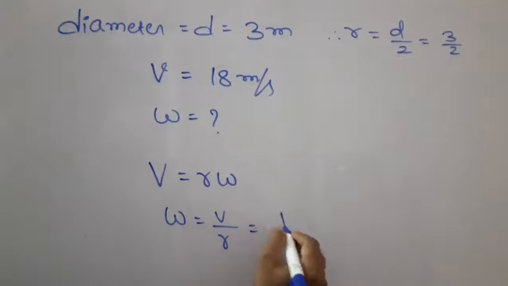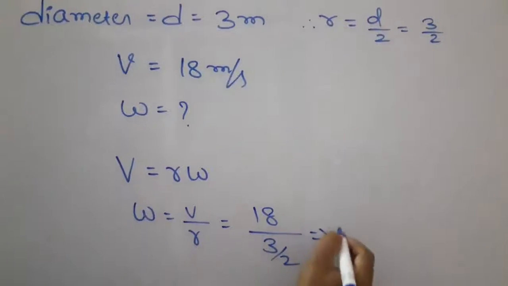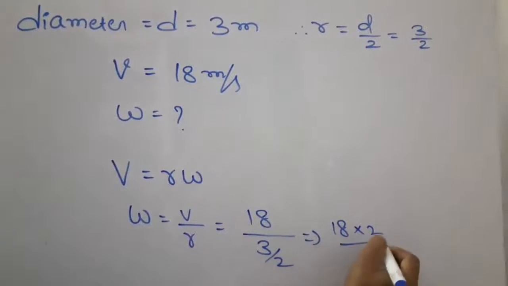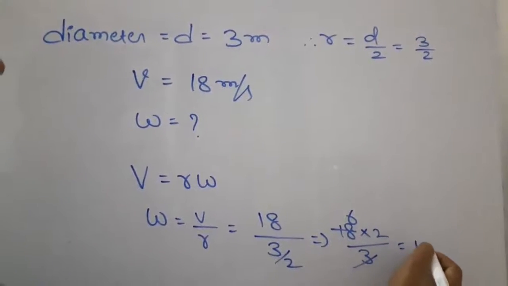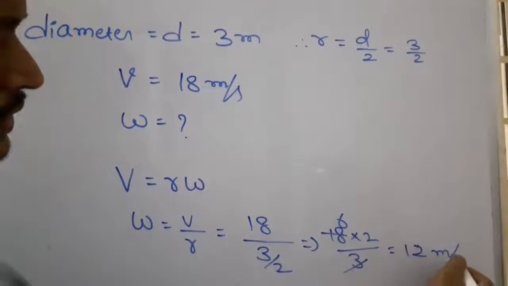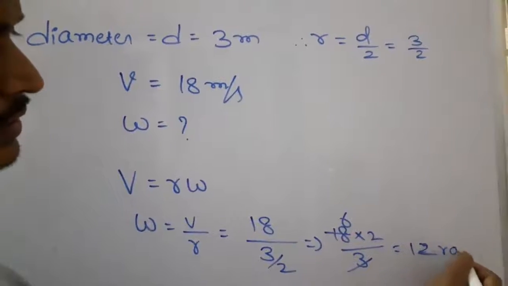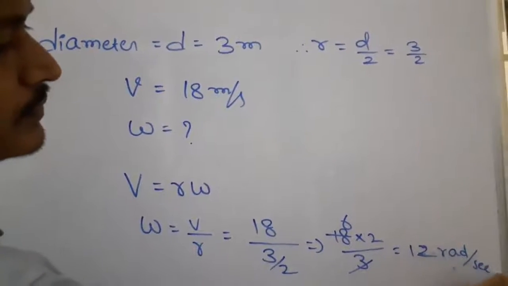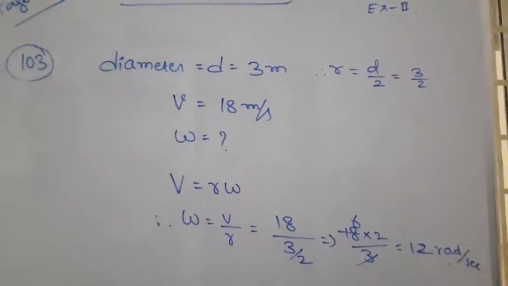V value is 18 divided by r, 3 by 2. Therefore 18 into 2 divided by 3, that is 12 radians per second. This is the angular speed.